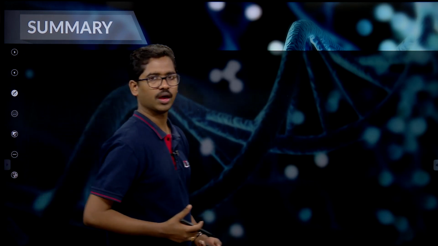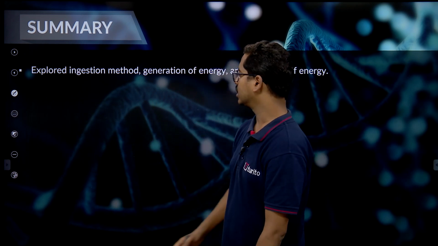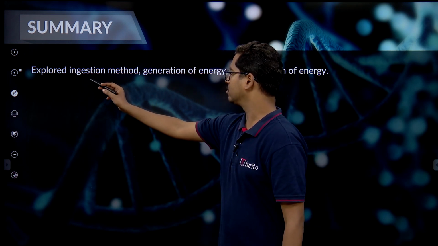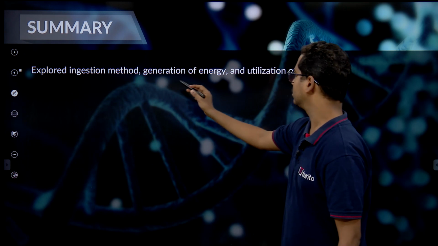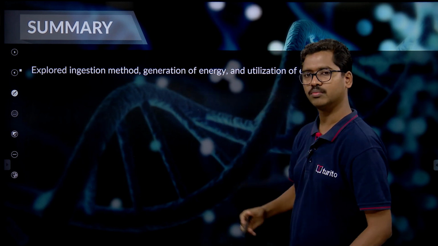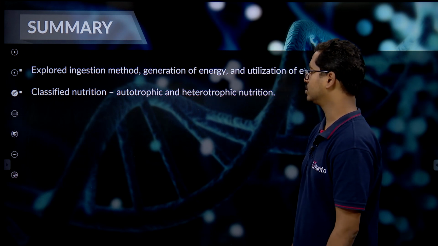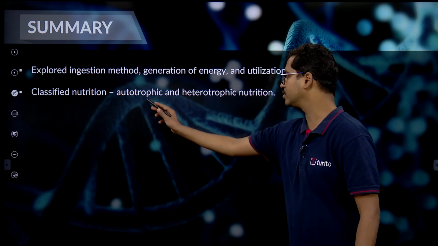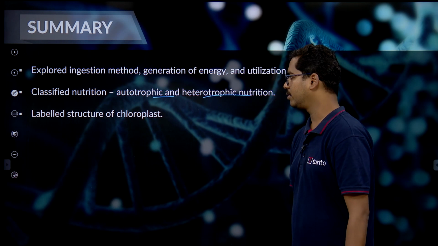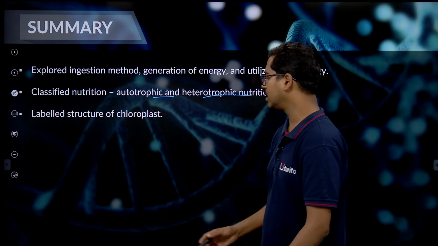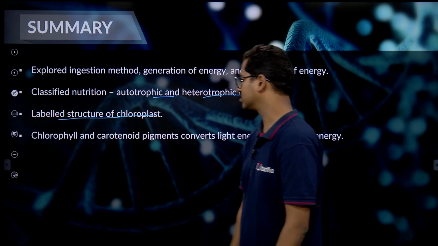So, we are done with the topics and we are going to recap them. We were trying to understand ingestion, generation and utilization of energy, which is the nutrition topic, and then we classified nutrition into autotrophic and heterotrophic nutrition, followed by the labeled structure of the chloroplast.